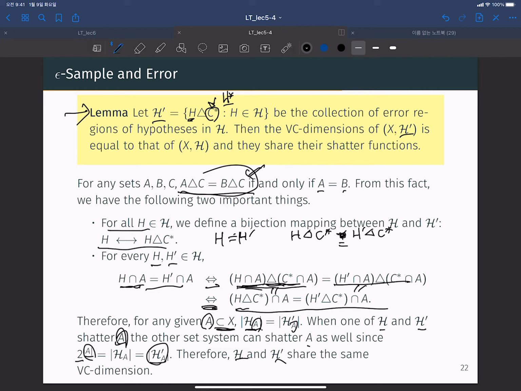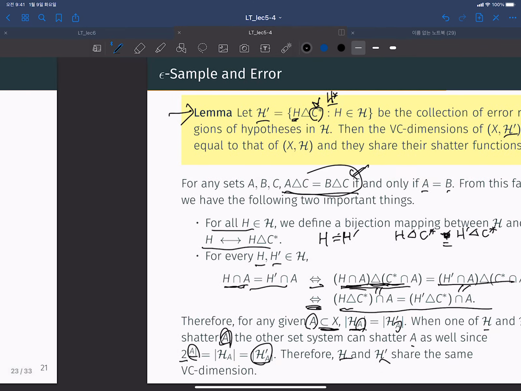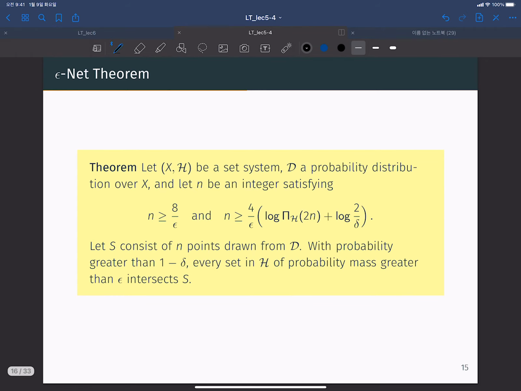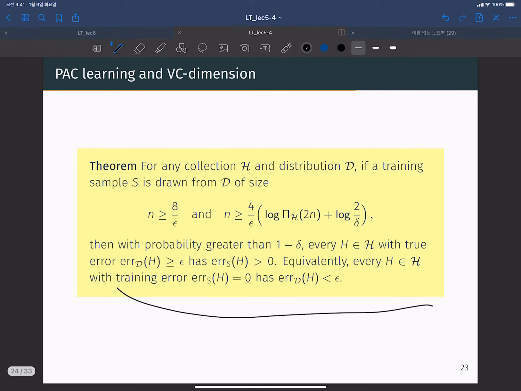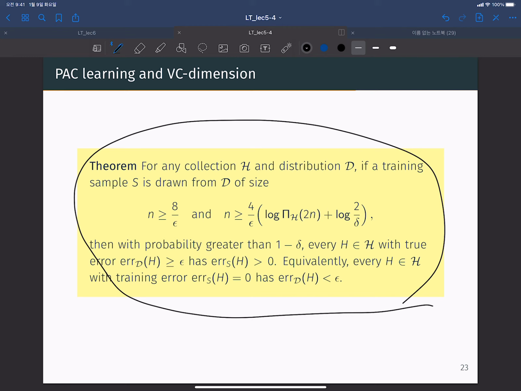So why is this lemma useful? Basically, from H prime and the theorem we obtained here, we can conclude this theorem for any hypothesis class H and distribution D. If a training sample S of size n is drawn from distribution D, satisfying these two conditions from the lemma and the theorem we just derived, then with probability greater than 1 minus delta, every hypothesis H with true error greater than or equal to epsilon has non-zero training error.